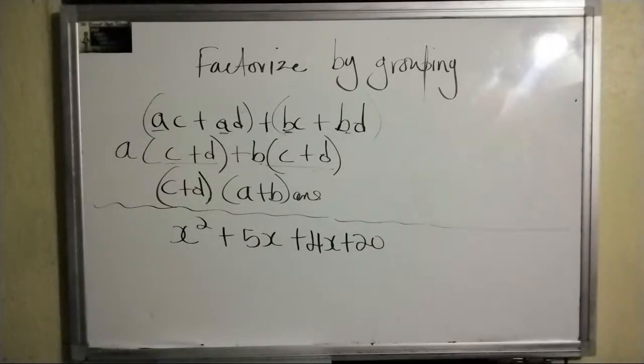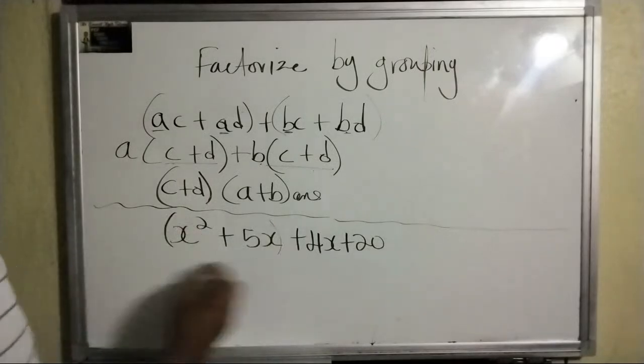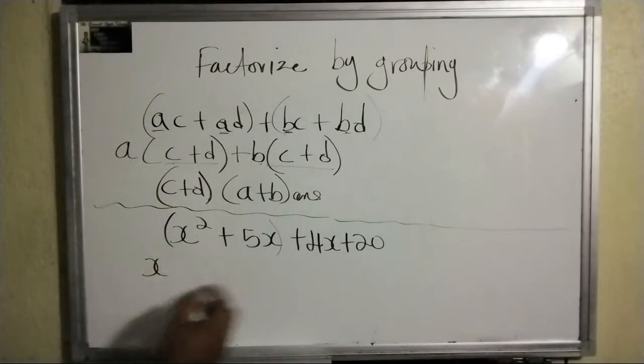Somebody said x plus 5 and x plus 4, and that is Cherry. Jada's also got that. Jada, if you group them. Alright, so we take out the x, because x is common to both.